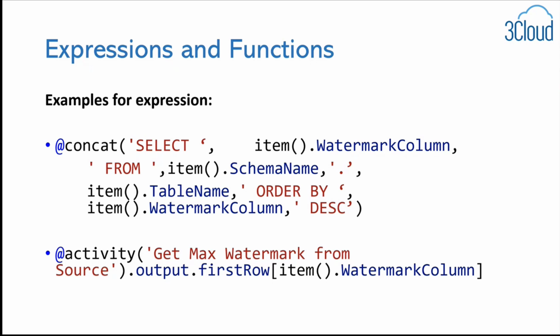And we're trying to grab the watermark column of this. It could be multiple columns that get returned from this activity. We're specifying that we're only trying to grab the watermark column from the results, and we only want the first row of that. So in this case, we will get the latest, the highest, I guess, the most recent watermark value from whatever table we're trying to run this at.